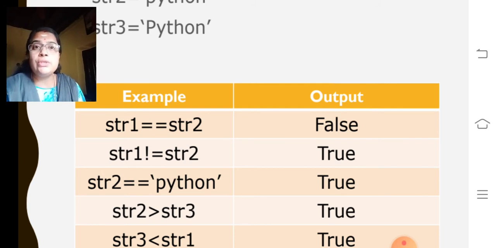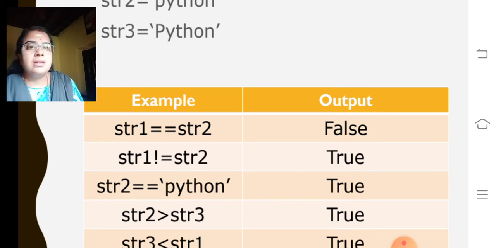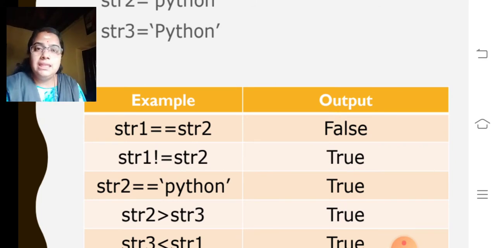We can also use less than and greater than. That will also return true or false. So here we have Python with small p and Python with capital P. The ASCII code of the small letter P is greater than that of the capital letter.